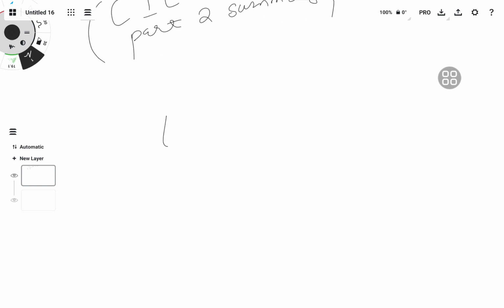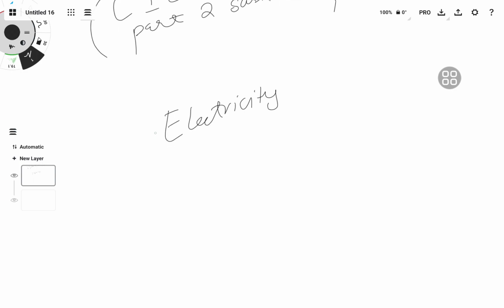So first we will talk about electricity. Electricity is basically the study of currents. First we had stuff like a bit of electromagnetism, which you may have studied in O level or IGCSE or GCSE, but now we will discuss electricity mainly in AS physics.